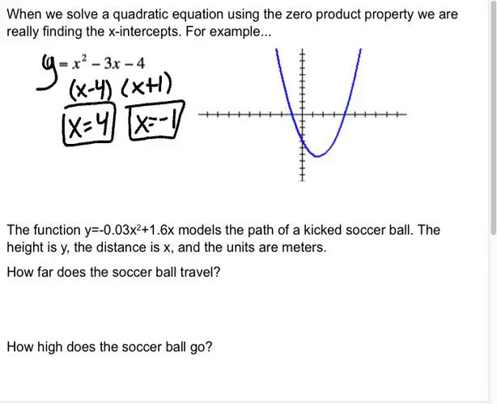I want you to notice something. Look, there I have a point when x is 4 and x equals negative 1. So really what you're finding when you're solving, those are the same thing as the x-intercepts of the graph.